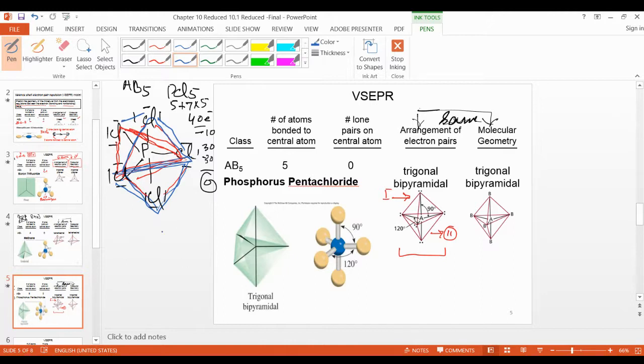I will draw again here. This is your phosphorus, and now you have chlorine, chlorine, chlorine. This is also chlorine, and this is also chlorine. Right.